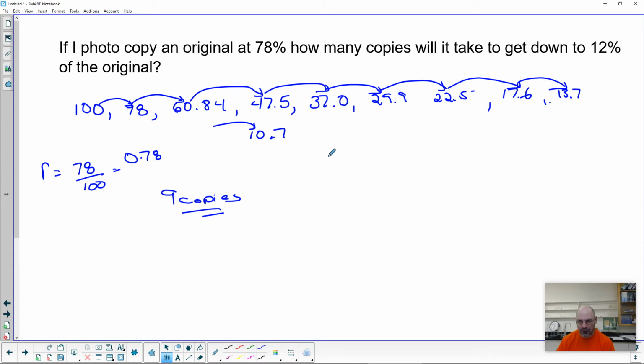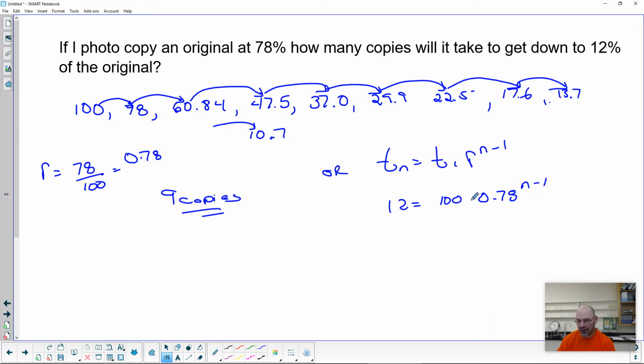If you did the formula, you would go Tn equals T1 times R to the n minus 1. Your Tn would have been the 12, your T1 would have been 100, and your R would have been 0.78 to the power of n minus 1.